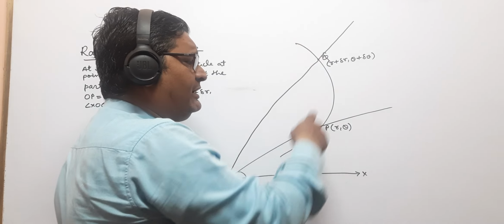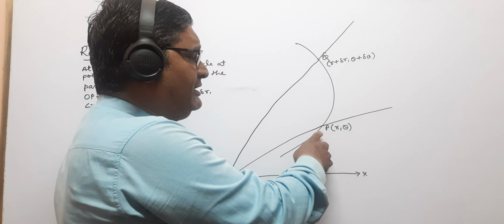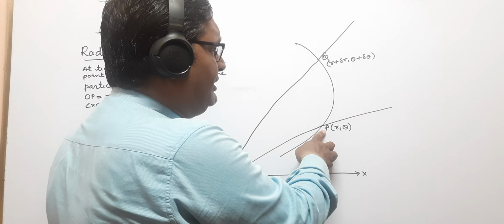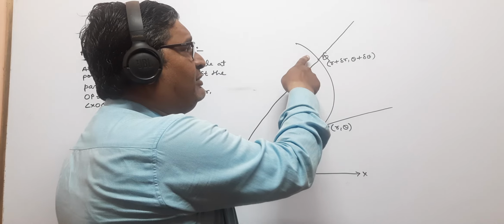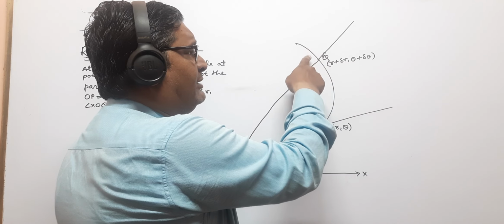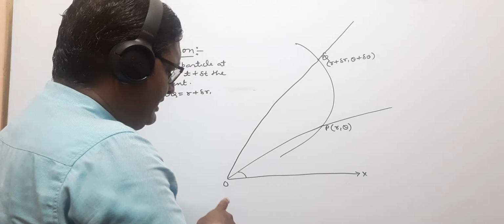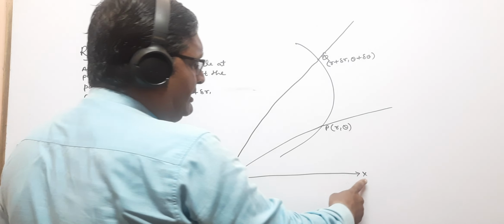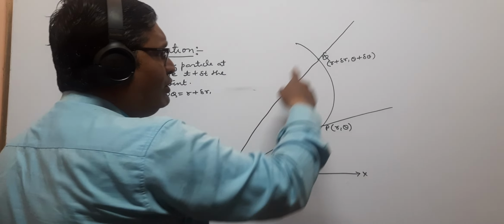A particle is moving on the plane curve, and at time t the particle is at point P, and at time t plus del t the particle is at point Q. O is the pole, OX is the initial line, and we join OP and OQ.